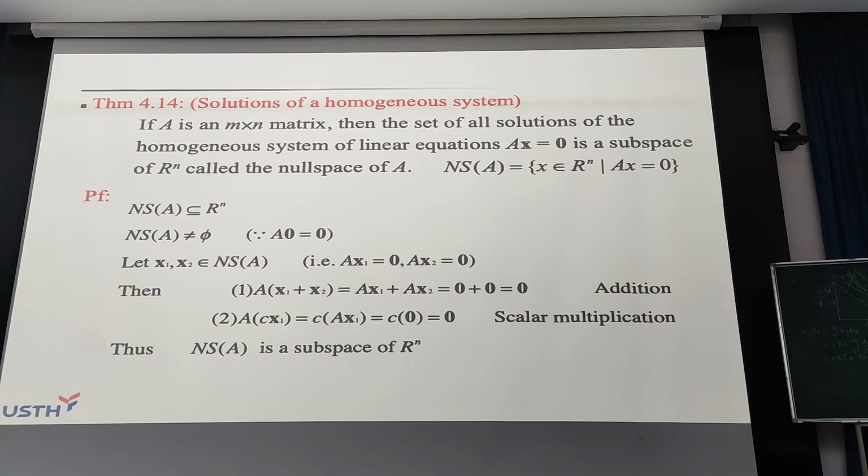And it is here. If x1, x2 belongs to NS(A), that is AX1 equals 0, AX2 equals 0, then we have that one. That is a property of operations on matrices, and it is 0. And the second line has the same thing. So by that we see that the null space of A, or the set of all solutions of the homogeneous system of linear equations Ax equals 0, is a subspace of Rn.